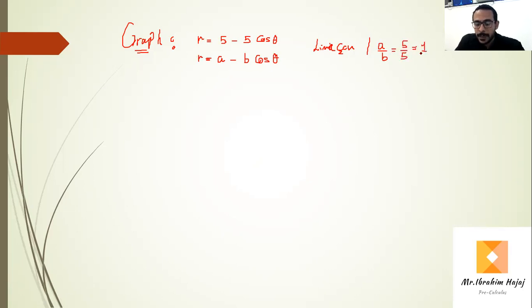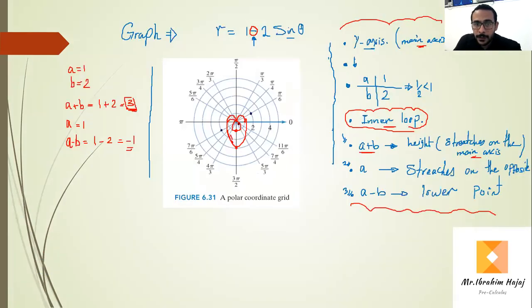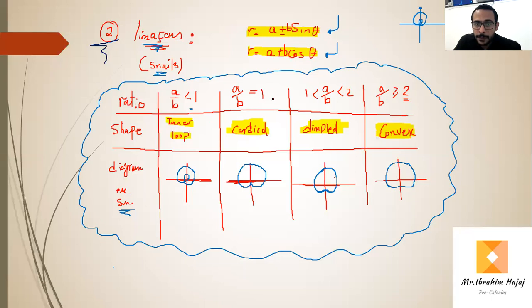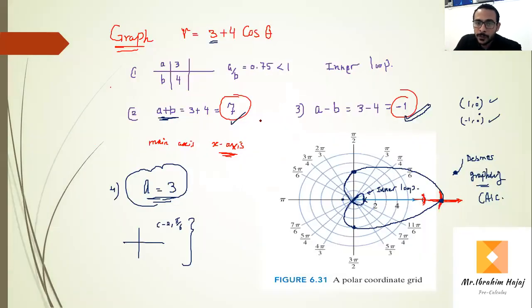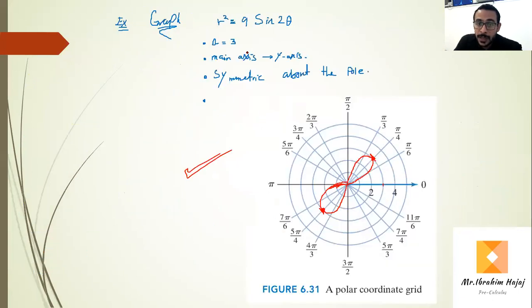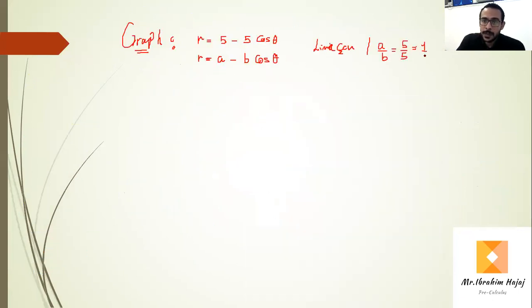So I think dimpled? No, let's move back to the table. When a over b is 1, it's a cardioid. And of course you have to discard the signs. So a over b is 1, and when it's 1, it's a limaçon, and it's a cardioid.